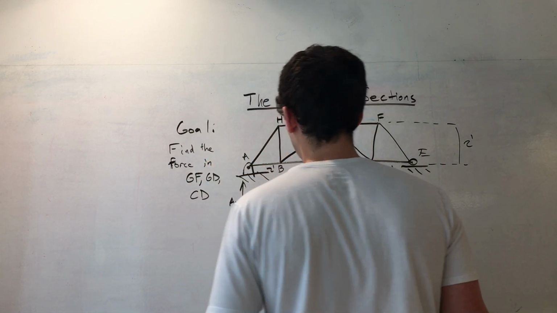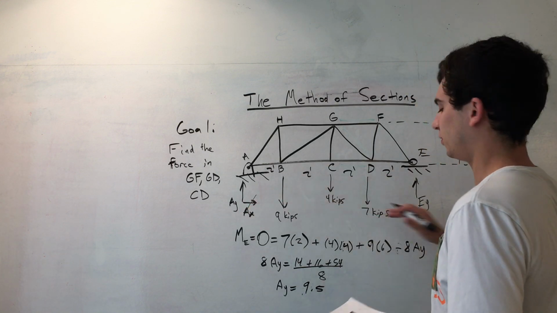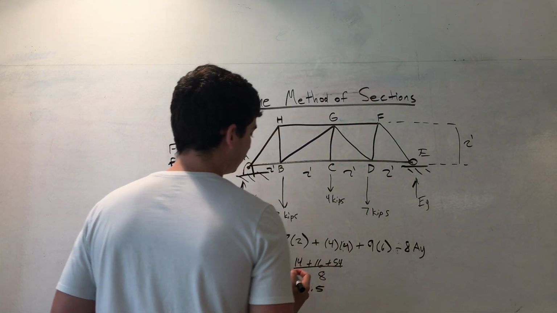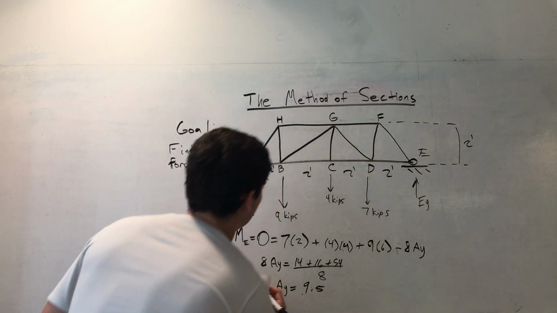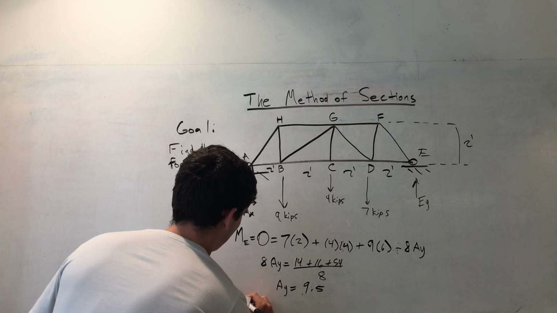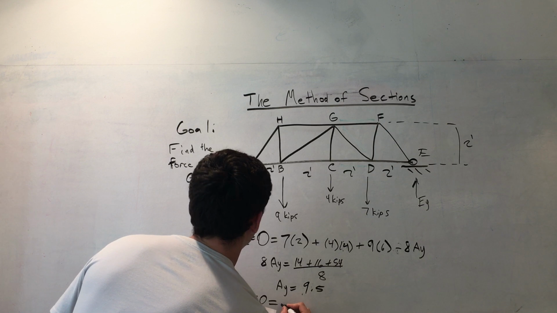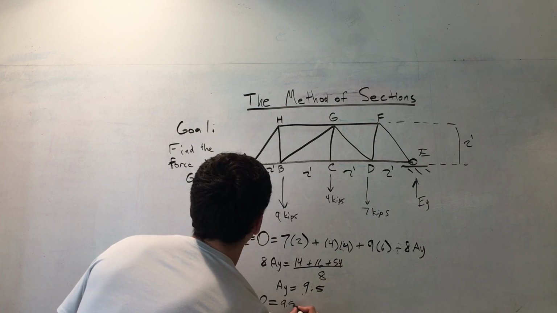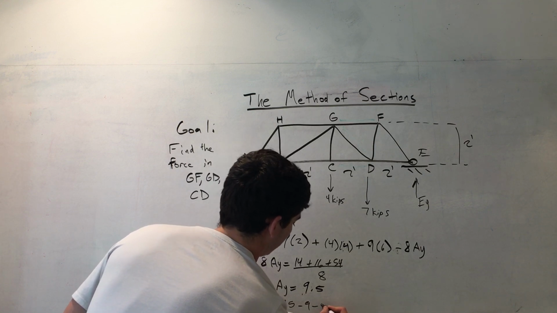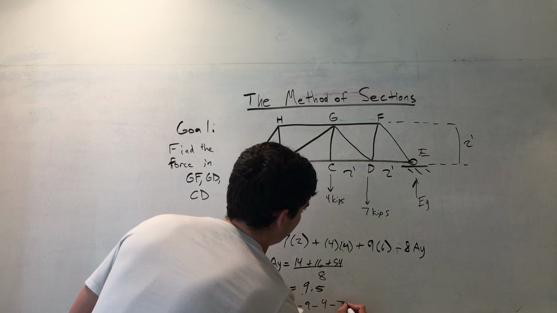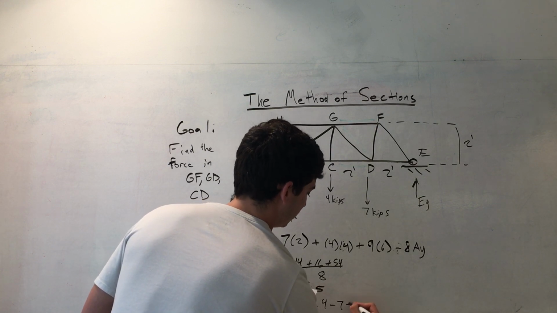Okay, now next, now that we already have AY, we can just do the sum of forces in the Y, and we can find EY. So I'll do it right here. Fy is equal to 0, which is 9.5 minus 9 minus 4 minus 7, then plus EY.